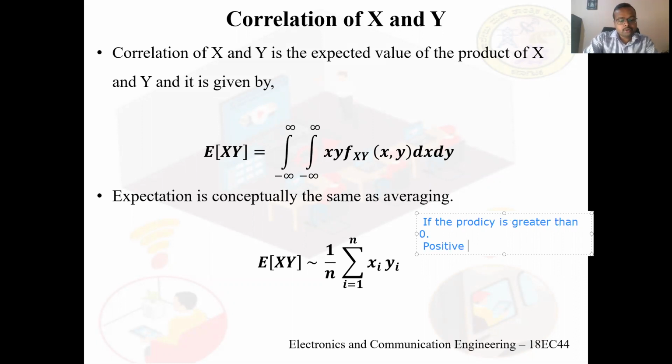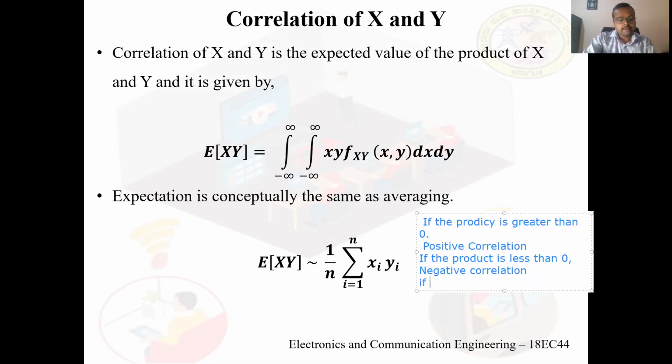Positive correlation. If the product is less than 0, we say it is negative correlation.